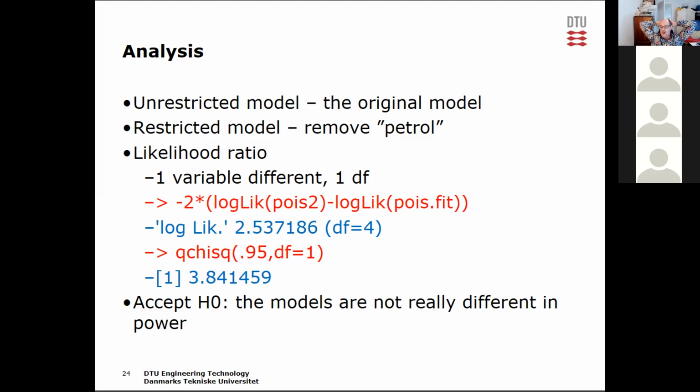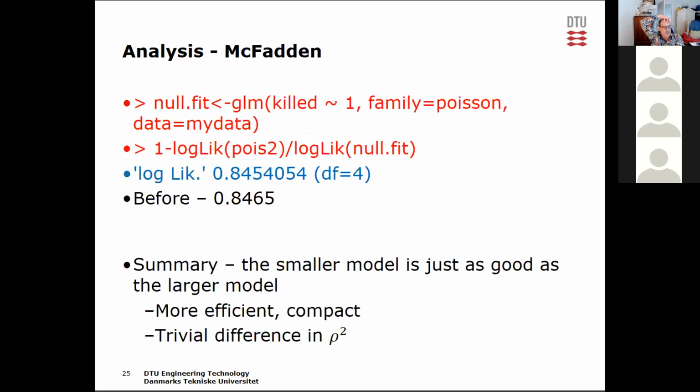We can make the model one variable smaller, and yet it is almost as good as it was before. So there's really no reason to keep that variable. And that's a good thing, as we learned with linear regression before.